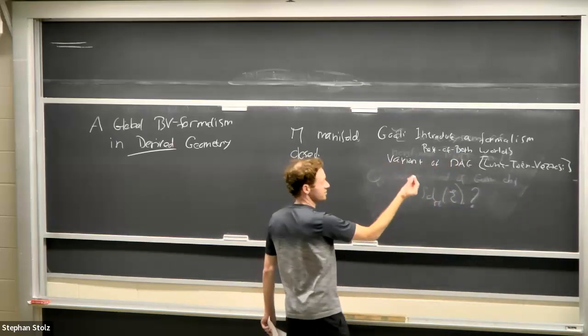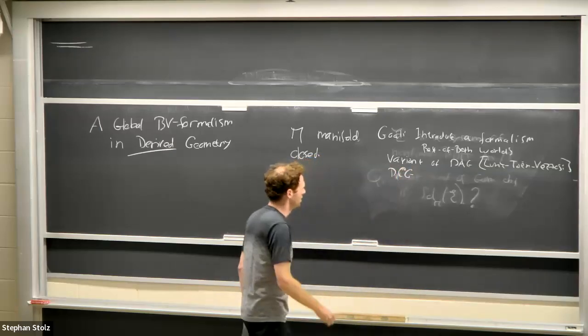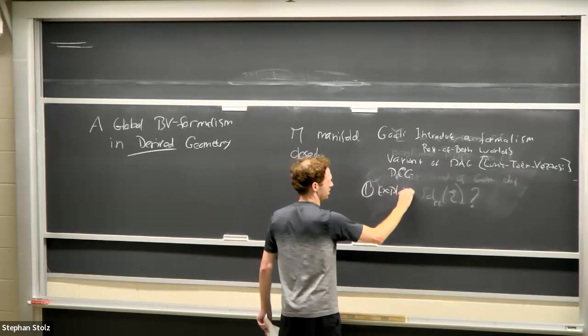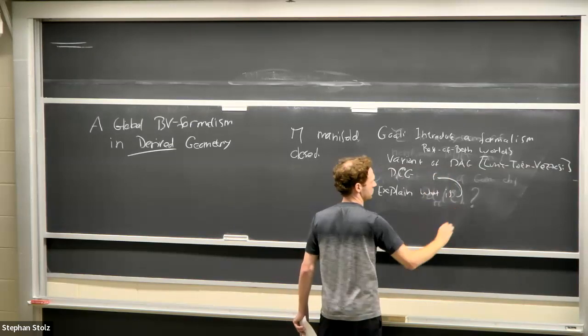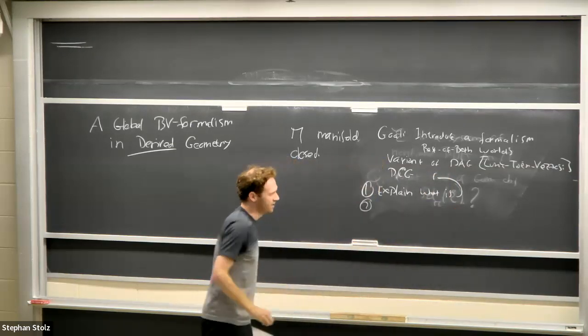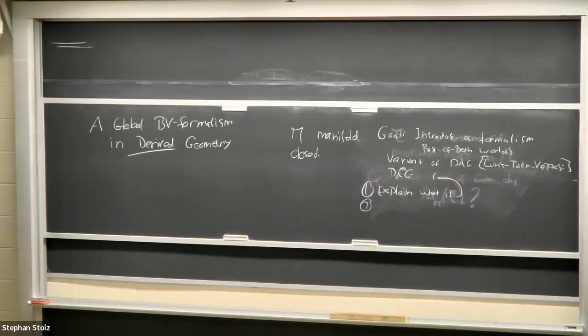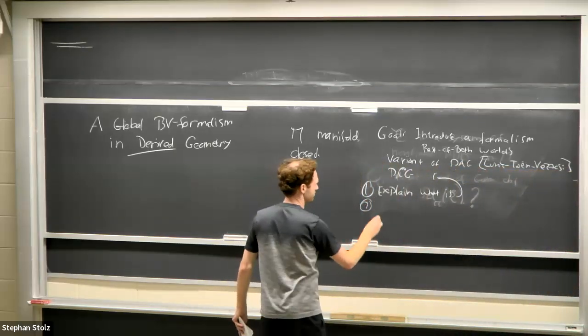And this is going to be called derived differential geometry, derived C-infinity geometry. So what we're going to do today is explain what this is. So once we've done that, we have to come up with some way of arguing that, even away from some formal neighborhood and non-perturbed, these global moduli spaces naturally are objects in this setting.